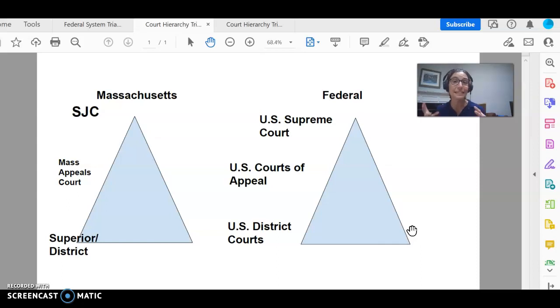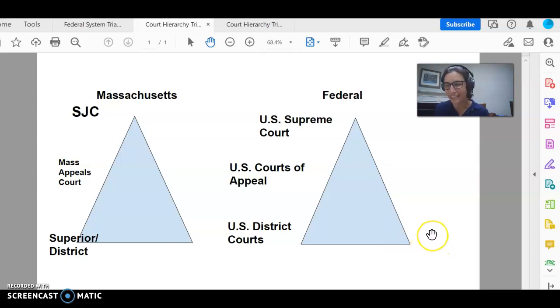As we will see, different states name their courts something different. They're not all called just the trial court. You can see that throughout the United States. But generically speaking, they're all trial courts. And so the lowest level of any court system is the trial court.